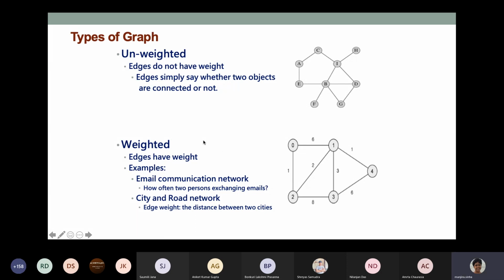There is another type of graph called the weighted graph, where the edges have weight. The weight means some edges may have more importance than others.